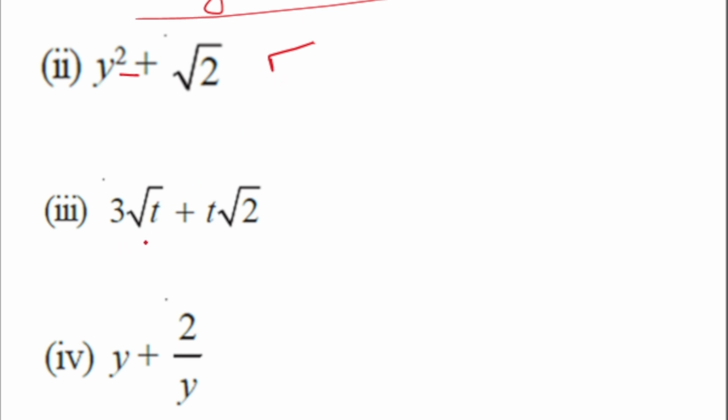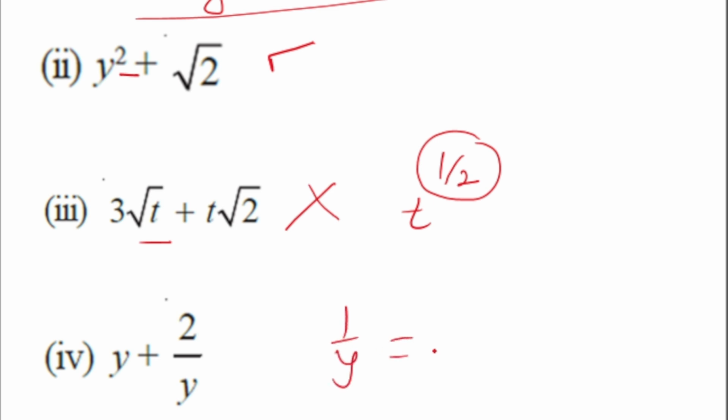In this case, the power of t is 1/2. This is not a whole number. Therefore, this is not a polynomial. And in this case, the power is 1, and in this case, it will be −1, because 1/y is equal to y to the power −1. This is not a whole number. Therefore, it will not be a polynomial.